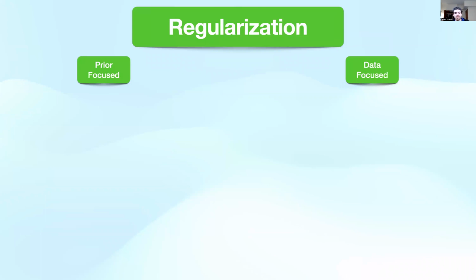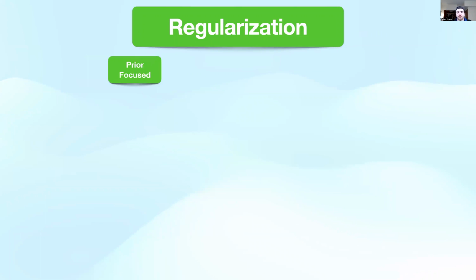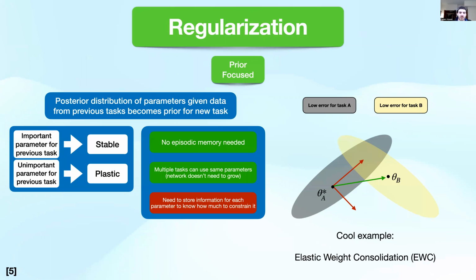Right, so now we can talk about regularization methods. These are broken down into prior and data focus. The prior focus methods essentially form some kind of posterior distribution over the parameters, and that distribution becomes the prior for your next task.